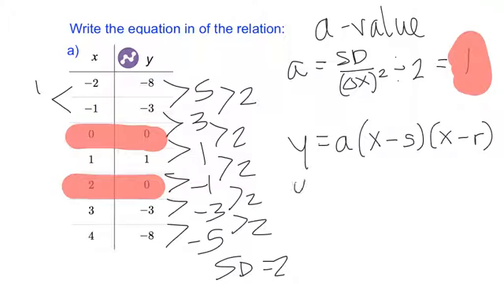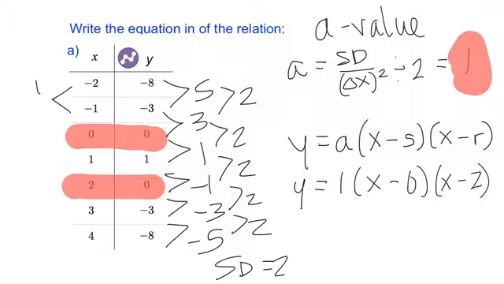So if I put all the numbers in, y equals 1, x minus the first 0, which is 0. And then x minus 2. Okay, so really, when we're asked to write an equation from a table, we have to go through a few steps, but it's about that easy.